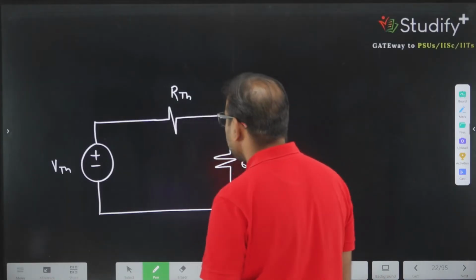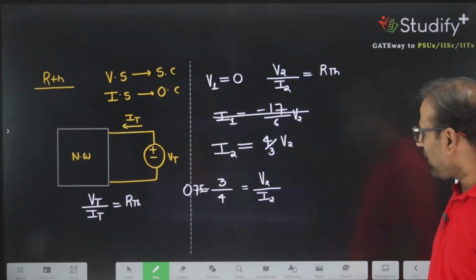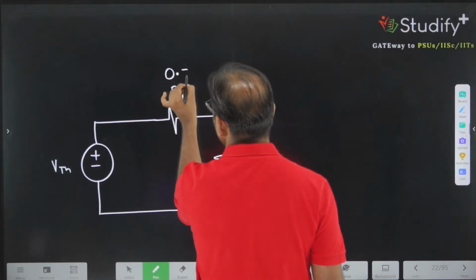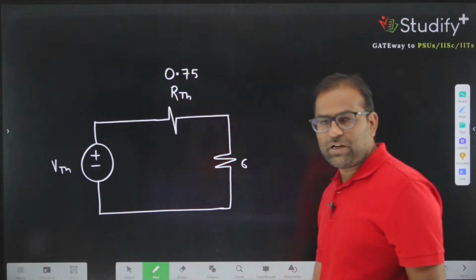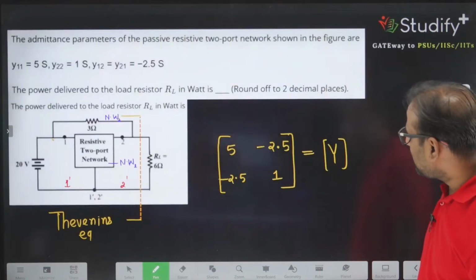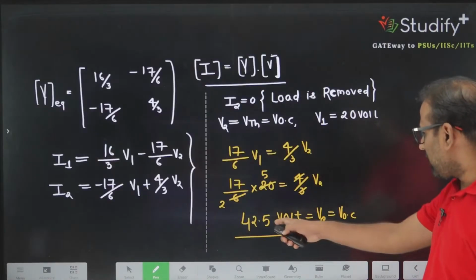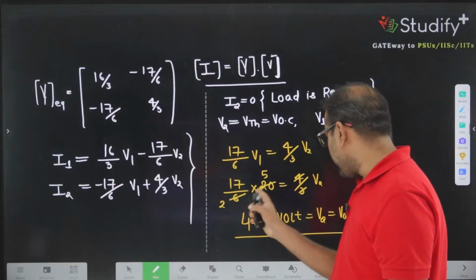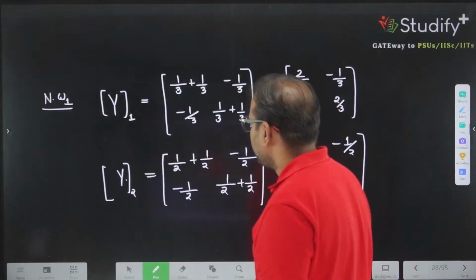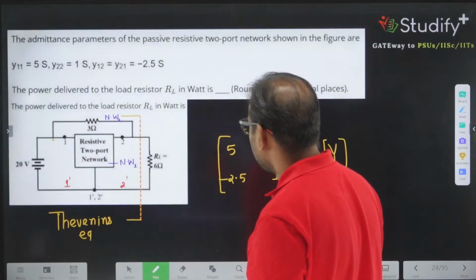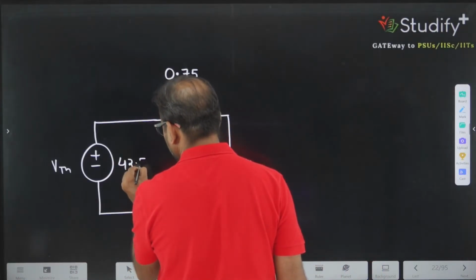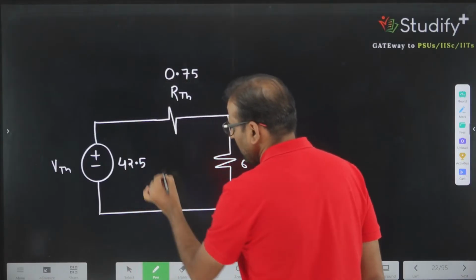The value of RTH is 0.75. And what is the value of VTH? VTH is 42.5 volt.